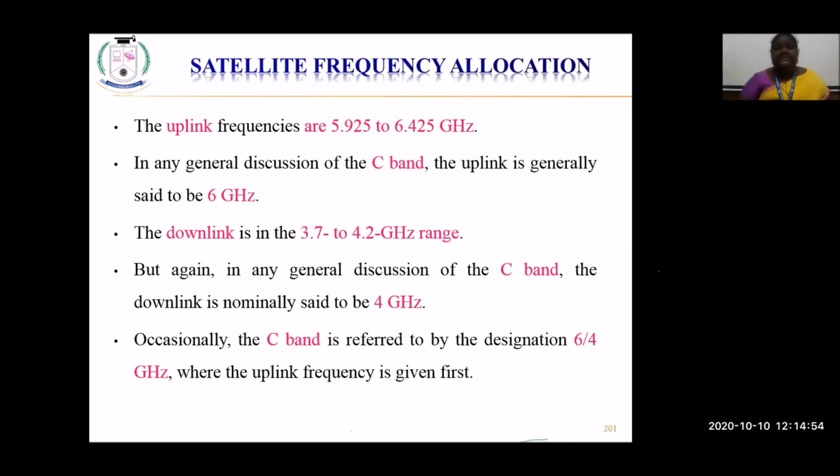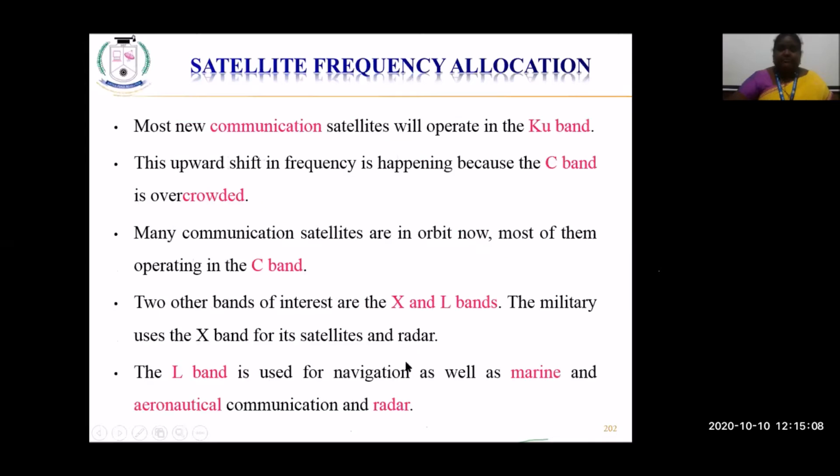That is why in the previous diagram which I showed you in yesterday's class, uplink was in the 6 gigahertz range and downlink was in the 4 gigahertz range.